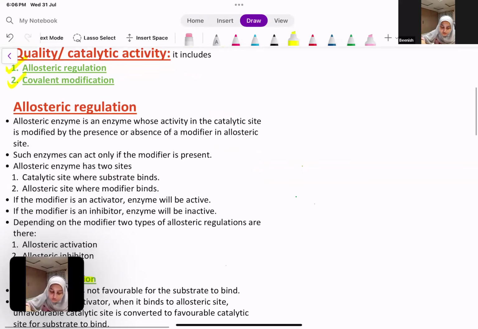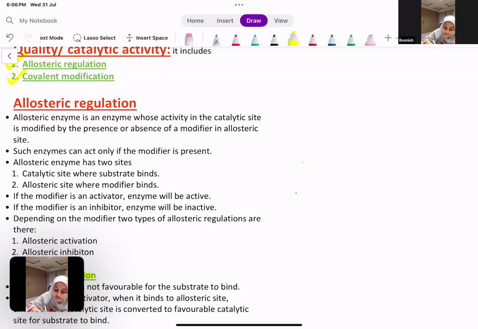Talking about allosteric regulation, an allosteric enzyme is an enzyme whose activity in the catalytic site is modified by the presence or absence of a modifier in allosteric sites. Allosteric enzymes have a catalytic site as well as an allosteric site. In the allosteric site a modifier is present, and depending upon the kind of modifier, the enzyme's activity is decided.